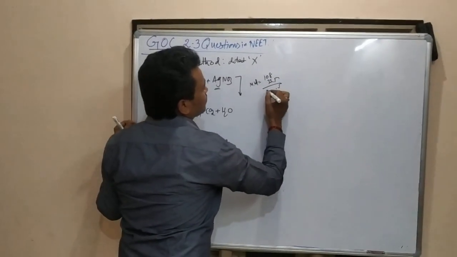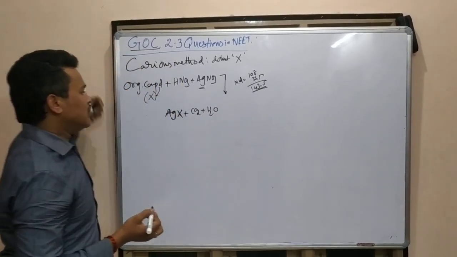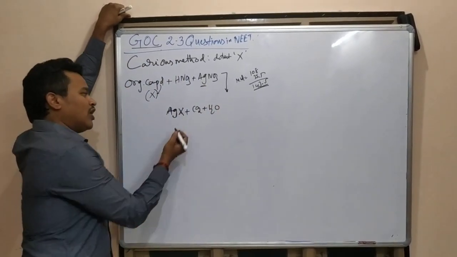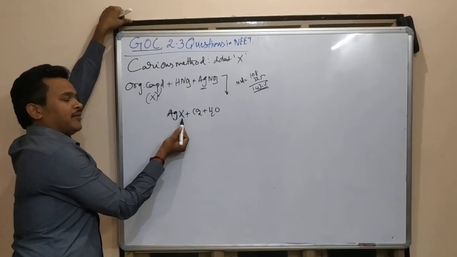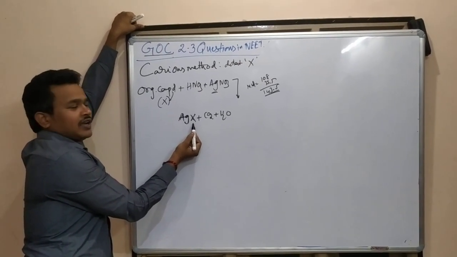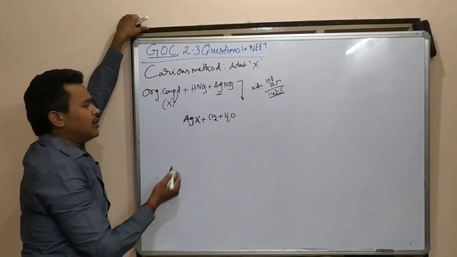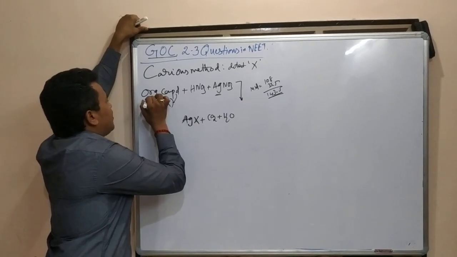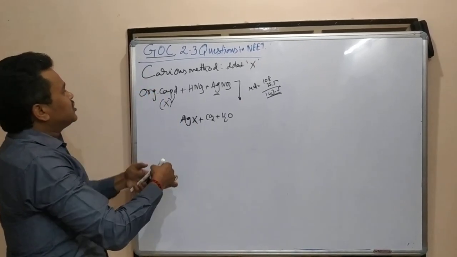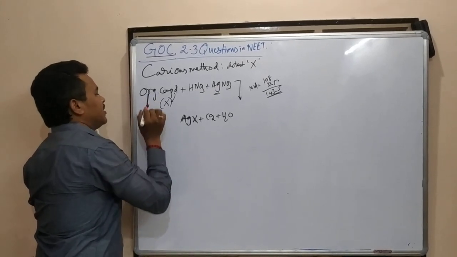How much is that? 143.5. Whatever halogen is there comes in the form of AgX. Consider the mass of the organic compound as some m.